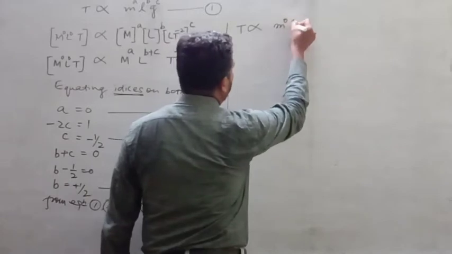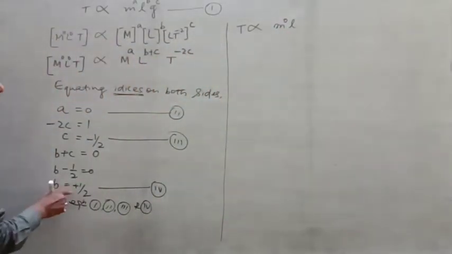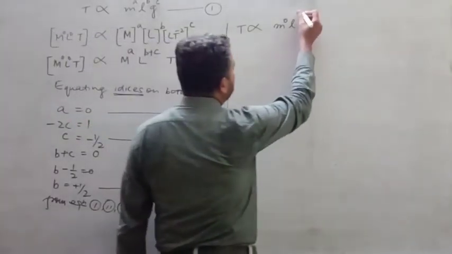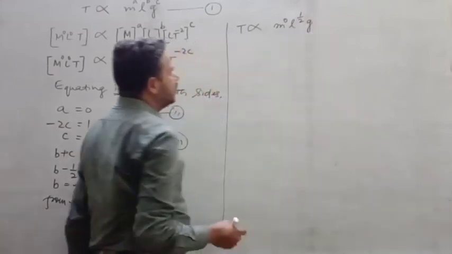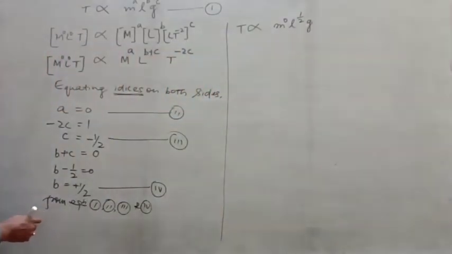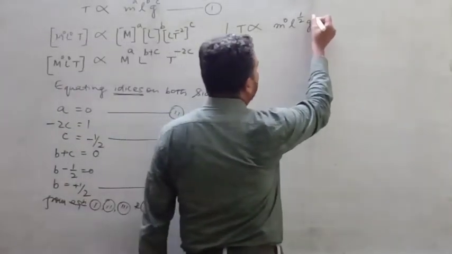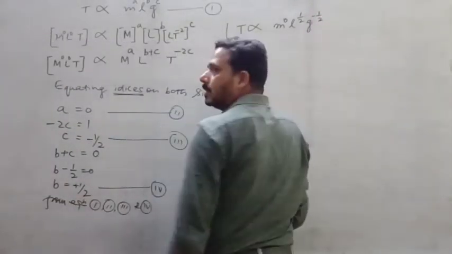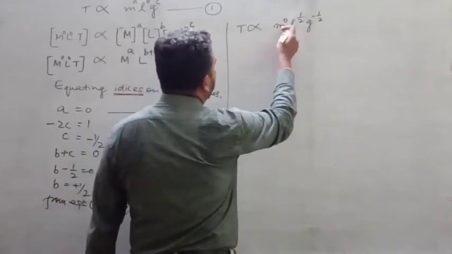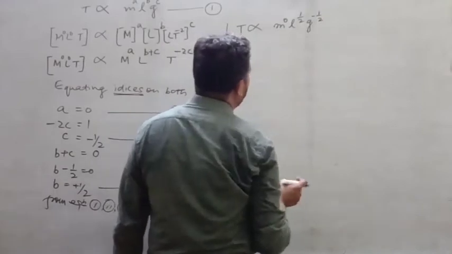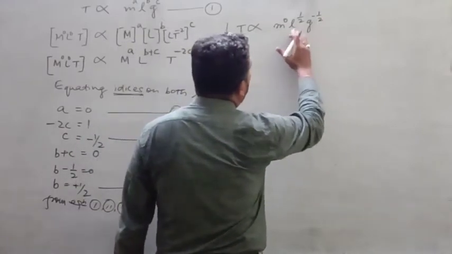Now there is L to the power b, and b is equal to plus half, that is 1 by 2, and there is g to the power c, and c is equal to minus half. Now after doing the calculation, anything having power 0 will be 1, and the product of 1 will be L to the power half and g to the power half.